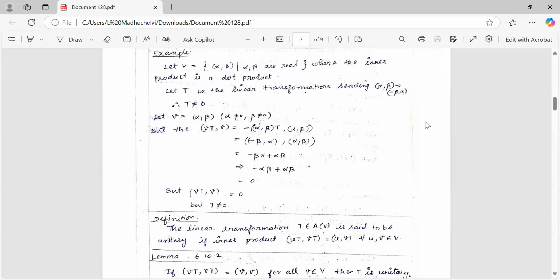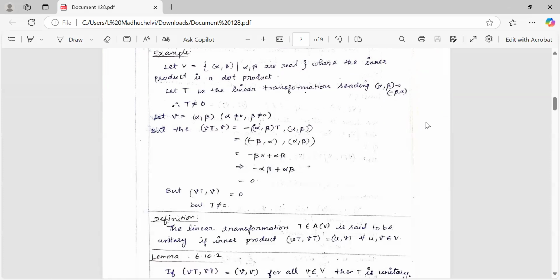Let v equal (alpha, beta), where alpha is not equal to 0 and beta is not equal to 0. But the inner product (vT, v): what is vT? We are getting (alpha, beta) T equals (minus beta, alpha). So (vT, v) is the dot product of (minus beta, alpha) with (alpha, beta), that is minus beta alpha plus alpha beta.